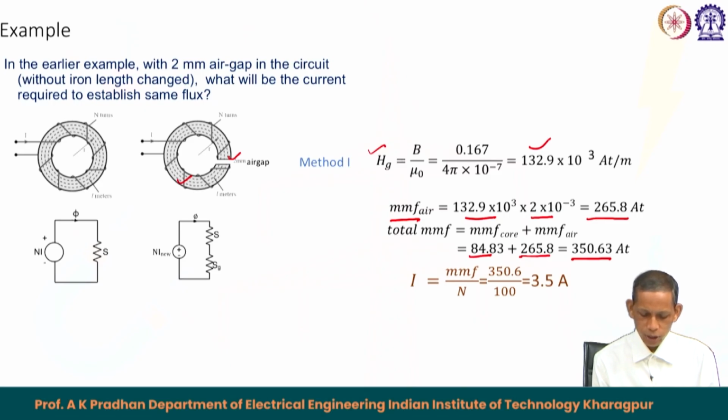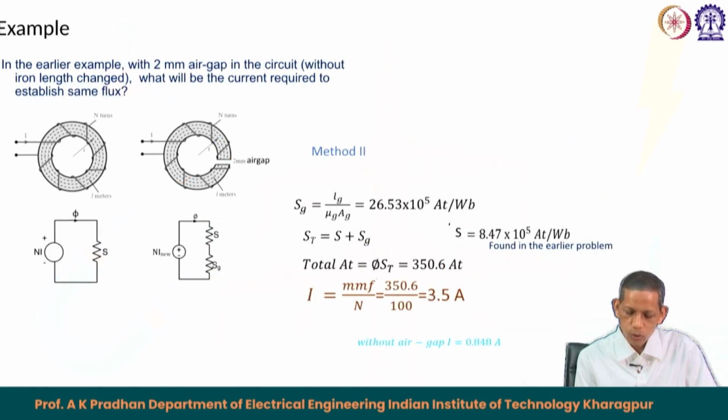Once we get the MMF, the MMF upon N is nothing but our current I required in the coil. So, that gives us 350.6 upon 100, so 3.5 ampere current is required to establish the corresponding flux in the core.